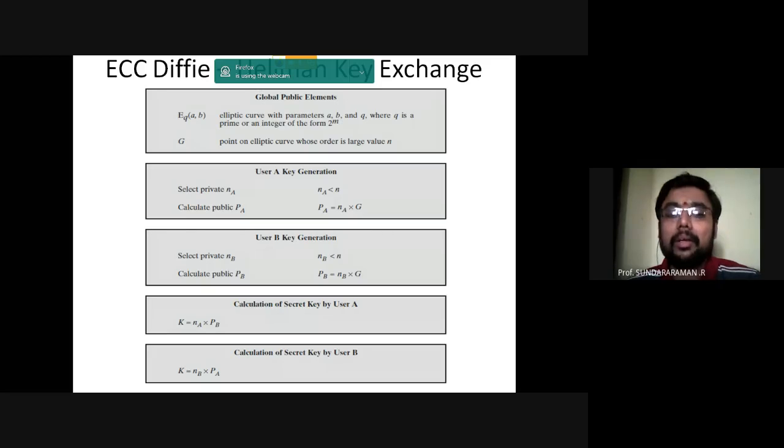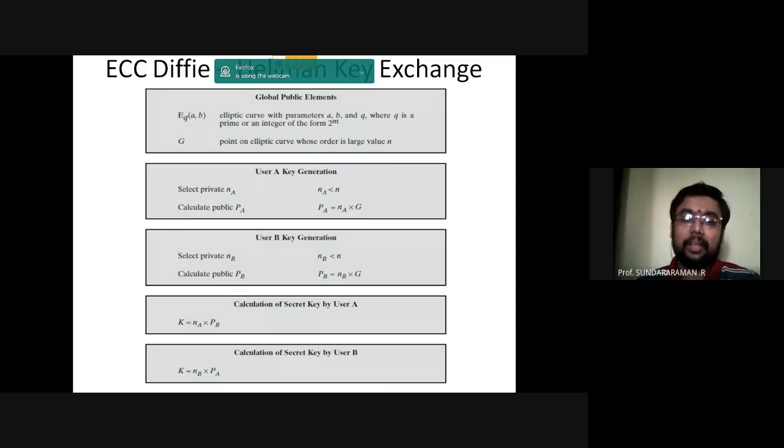The secret key computed by user A and user B must result in the same value. But what are the things shared? Both of them will be sharing the global elements, which are the curve related components and the point. After that, both of them compute their corresponding public keys.